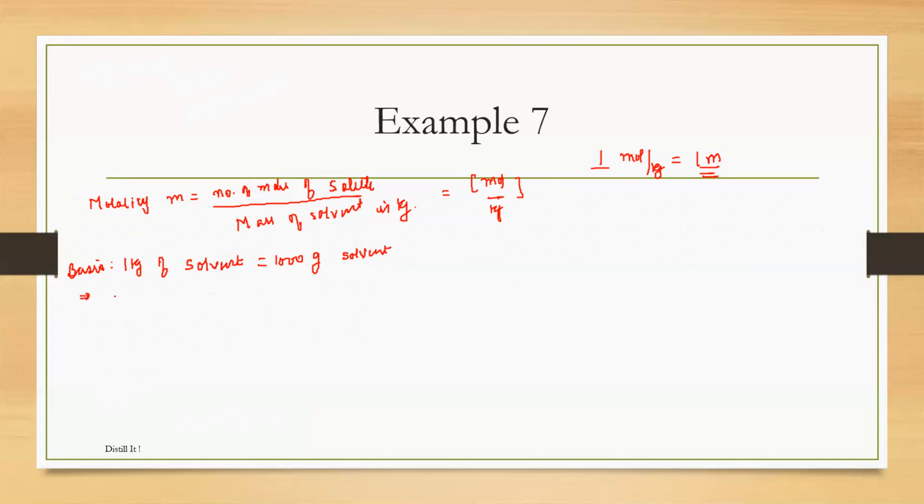This means moles of solute is going to be 0.1. Hence, mole fraction of solute is 0.1 upon molecular weight upon 0.1 upon molecular weight plus again weight. I'm so sorry, just a minute.